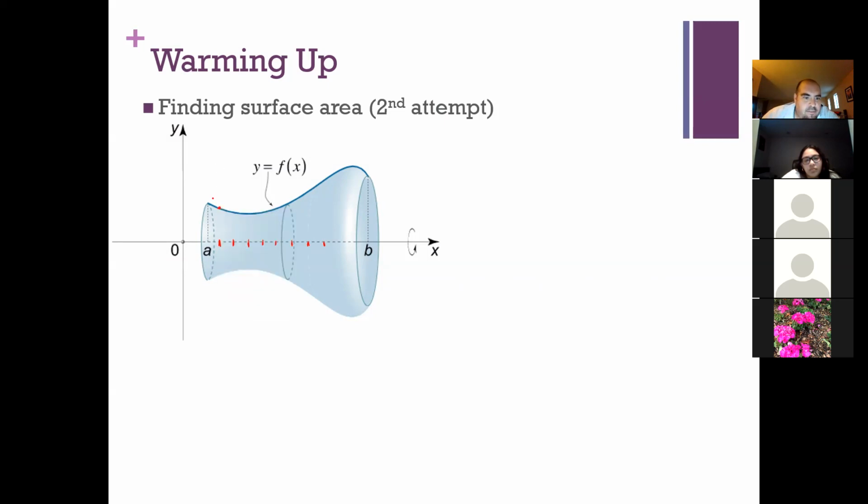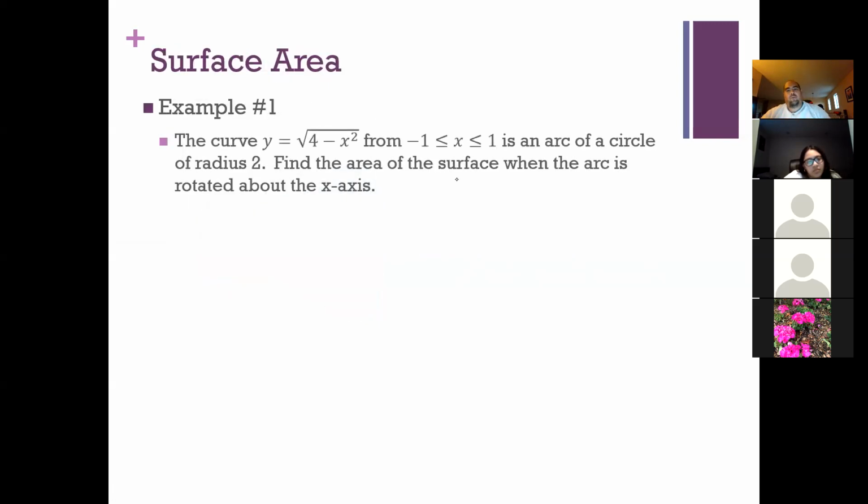I'm going to do still linear lines, still line segments, but they're going to more closely resemble the shape of the function. So are we clear on what the difference is that I'm doing?